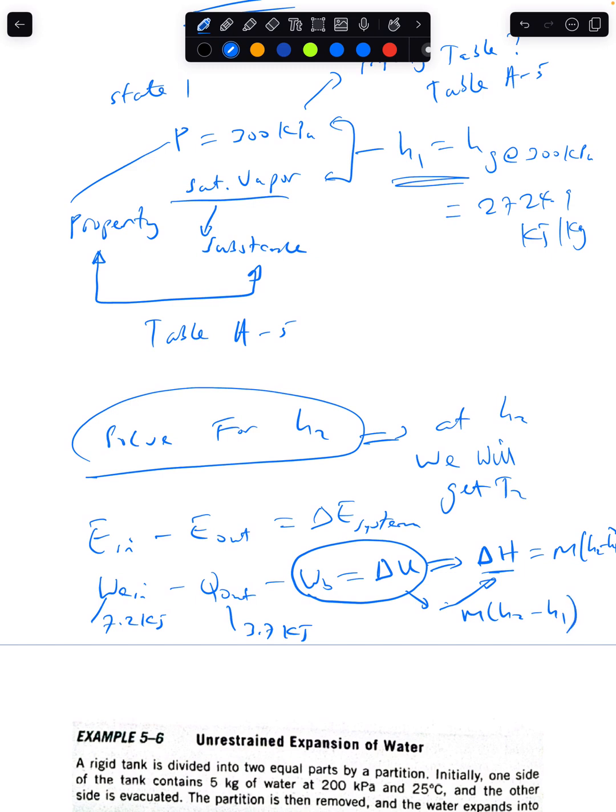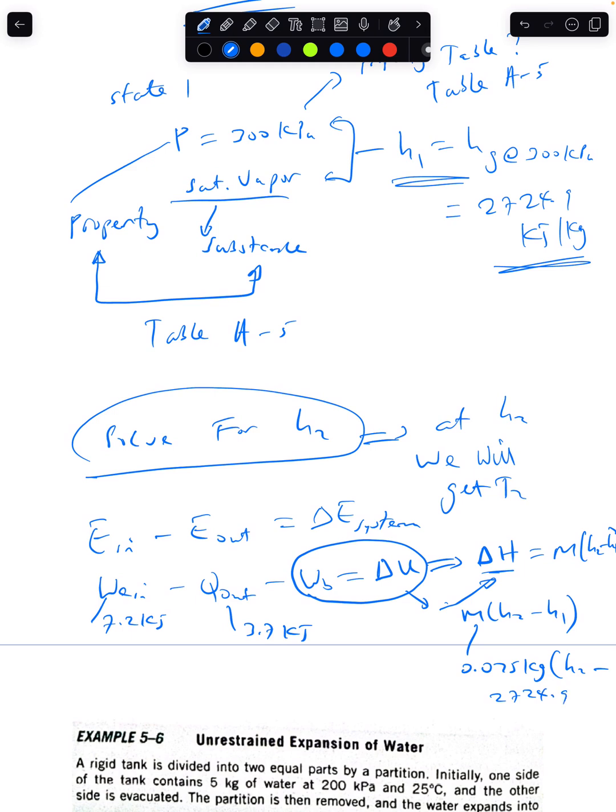And if you look at the question, what is the mass? The mass is 0.025 kilogram. I have H2 minus H1, which I solved for, which is 2724.9.